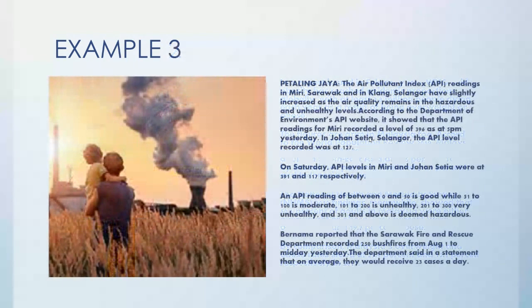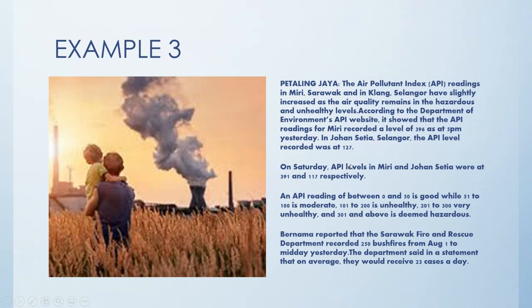Okay. Another example, this is related to the air pollutant index. Yang ini saya lupa nak tulis dia punya. Actually, this is also quite a current issue, about air pollution.